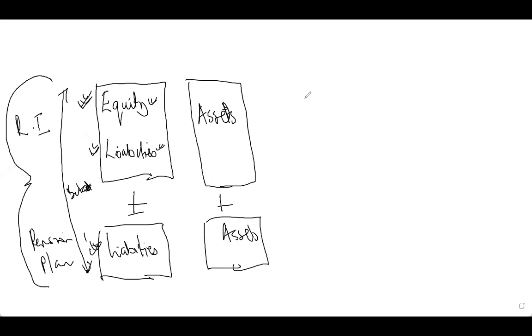We need to take the weight of equity, which is here from these investments, times the beta of that equity, plus the weight of liabilities or the weight of debt here, times the cost of debt for Rosetta Investments, plus the weight of these liabilities associated with the pension plan, times, sorry, this should actually be the beta.